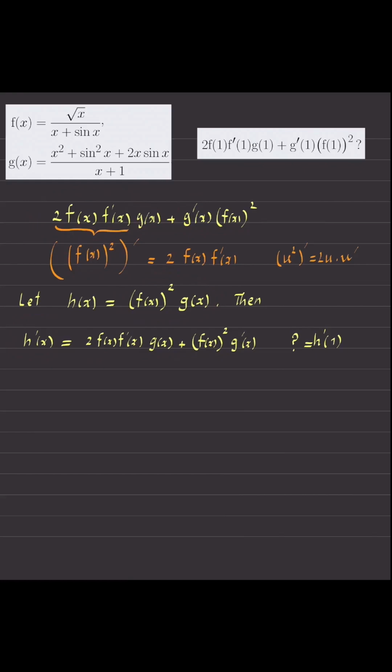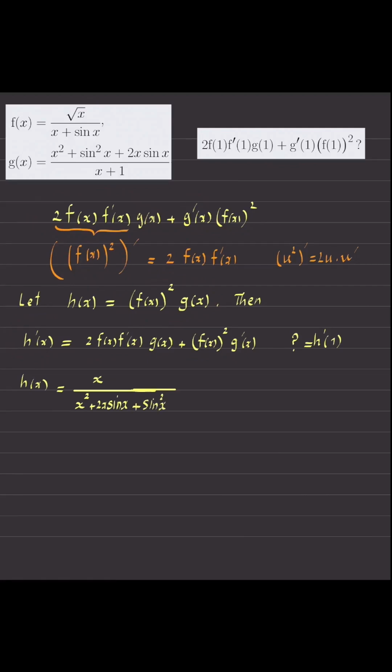So h of x is equal to f of x squared. f of x is a fraction. When I want to square it, I square the numerator and I square the denominator. Squaring the numerator gives me x. Squaring the denominator gives me the first one squared, 2 times the first one times the second one, and the second one squared.